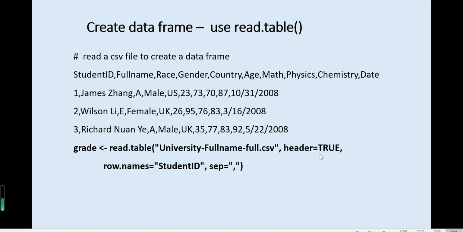The row.names is student ID, which means the first column, 1, 2, 3, 4, the student ID, will be used as the row names. So this column will not become a variable in the resulting data frame, and we set the comma as the sep option because it's a CSV file using comma as a separator.